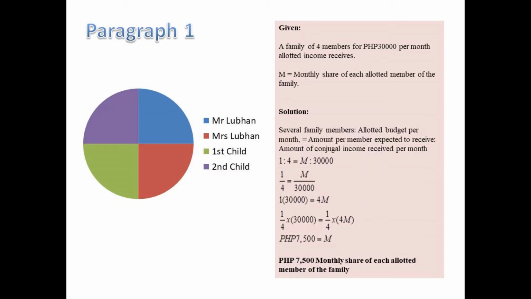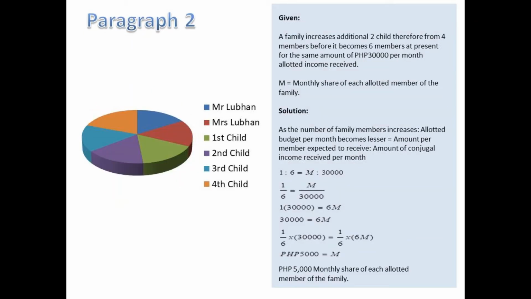The reciprocal of 4 is 1/4, so you multiply 1/4 to both sides. 1/4 multiplied to 30,000 pesos resulted to 7,500 pesos. This is now the monthly share of each allotted member of the family.